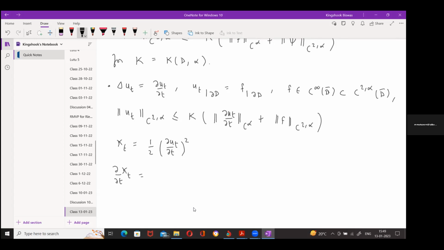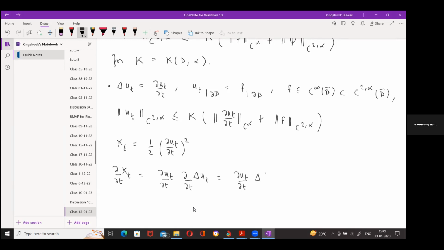This is going to be, so I differentiate, I'll get del u_t del t times del_t of del_t u_t. So that will be del_t of the Laplacian of u_t, and I interchange space and time derivatives.